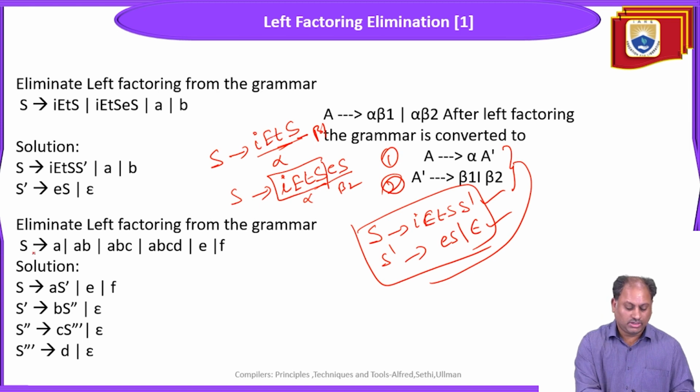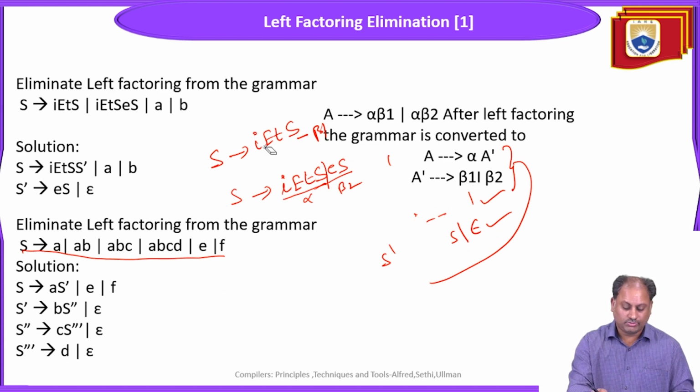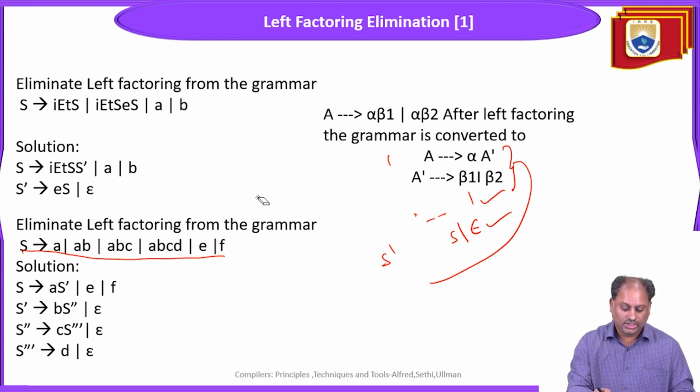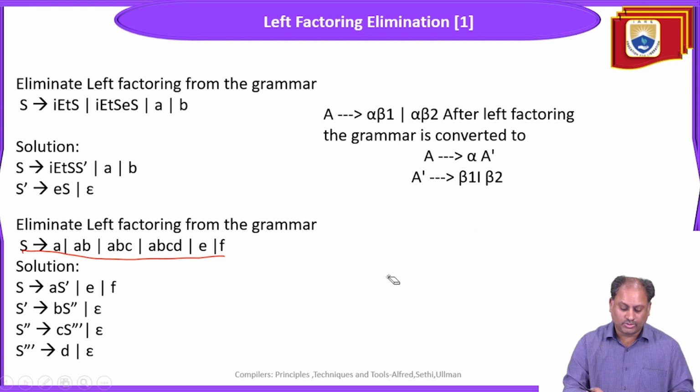And the second one is another example. See, S derives small a, small a b, small a b c. That is abc. And the fourth rule is abcd, and the last ones are e, f.